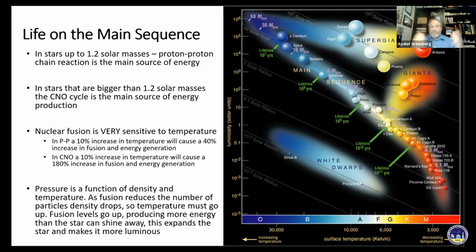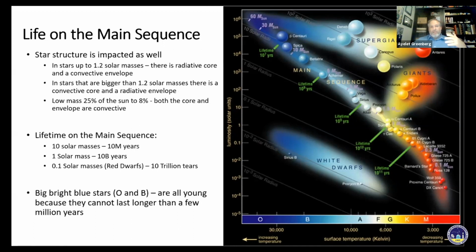And it will make it appear more luminous because it now has more surface area. So it's important to understand that there's a lot of sensitivity to temperature changes and how they impact nuclear fusion and how that impacts the behavior of the star and what it looks like. Also, it can impact the actual physical structure of the star itself.